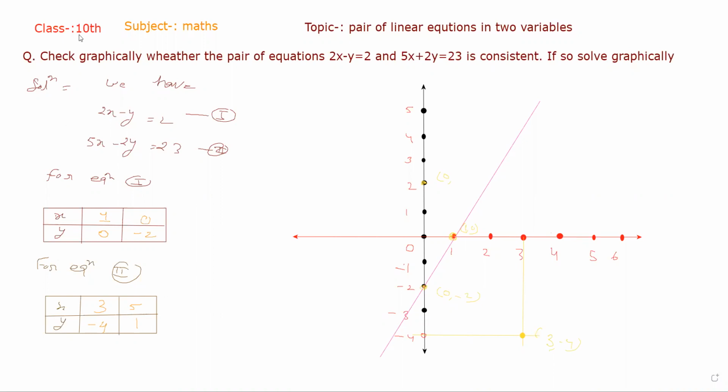Draw a line through them. And this is the line for the second equation. So we get an intersection point of these two, and this is 5 comma 1.